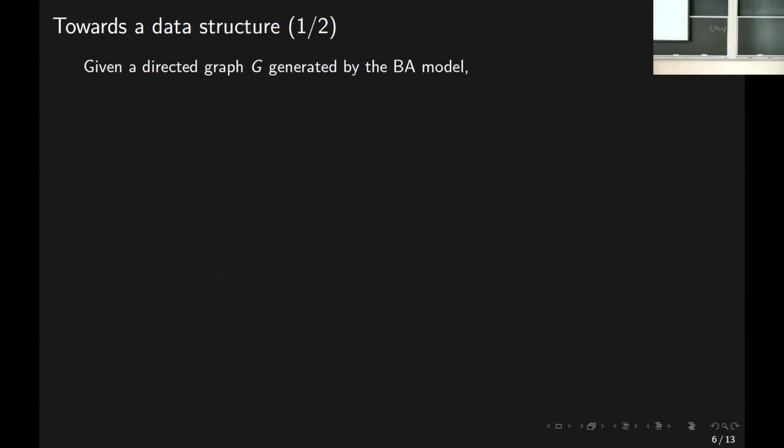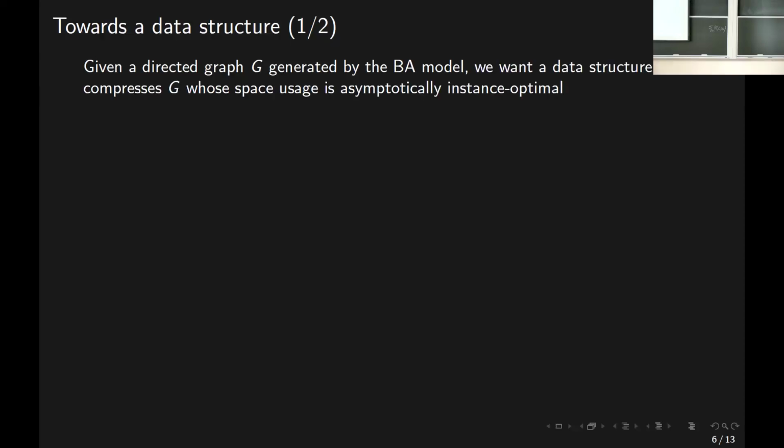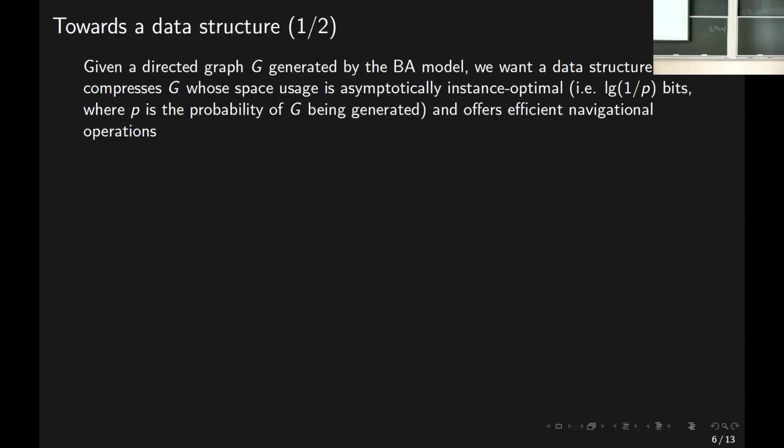Okay, so back to the data structure. We are given a directed graph G generated by this specific model, and we want to design a data structure that compresses G whose space usage is asymptotically instance optimal. Instance optimal here means that it's asymptotically using log(1/p) bits, where p is the probability of the graph being generated, and it also offers efficient navigational operations.